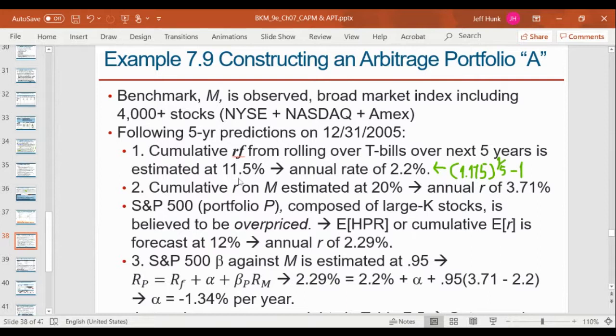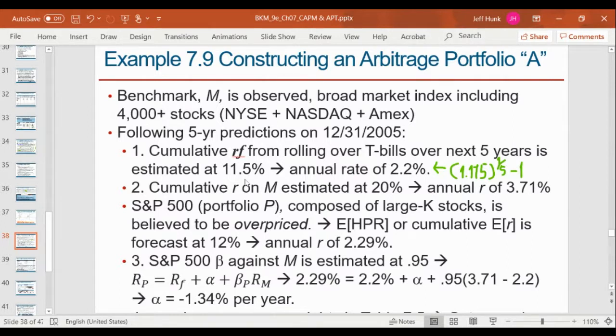But we know, what I'm trying to say is, that kind of projection is based on a very simplified assumption.